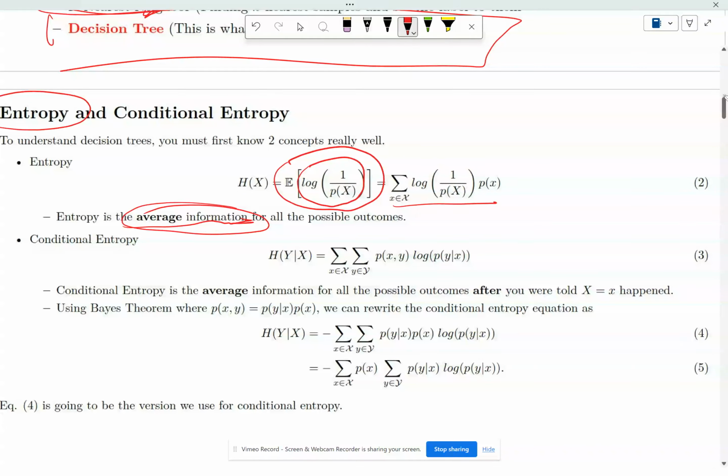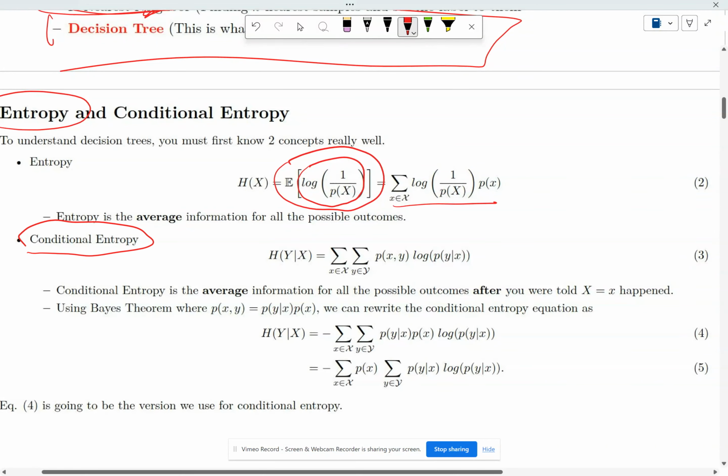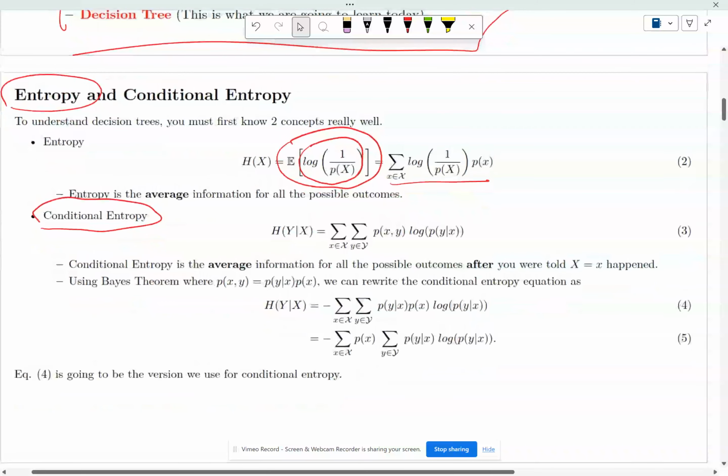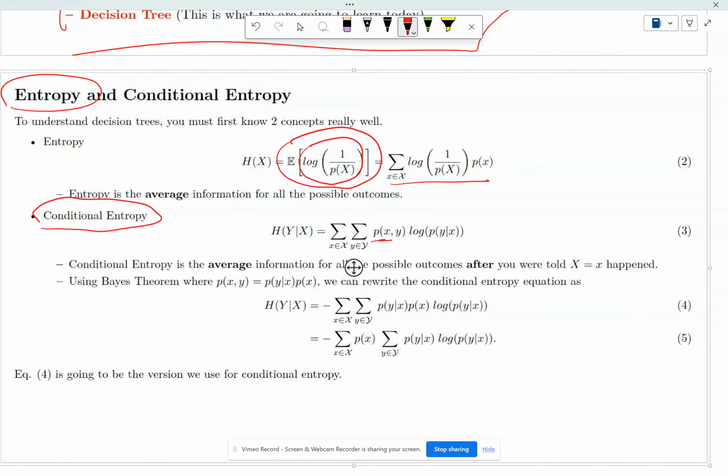The second concept you need to understand is the conditional entropy, and we have not yet learned this concept. The equation for conditional entropy is similar to entropy, where you have the probability of x, y times log. The joint distribution is there, and the only difference is the conditional probability, y given x.